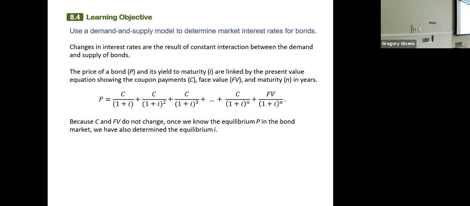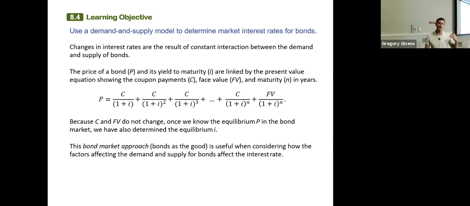If we use a supply and demand framework to understand what causes the price of a bond to move around, then we can simply apply this present value formula to understand how interest rates move around over time as well, okay?